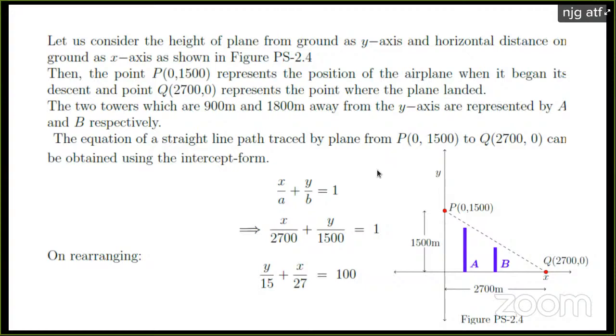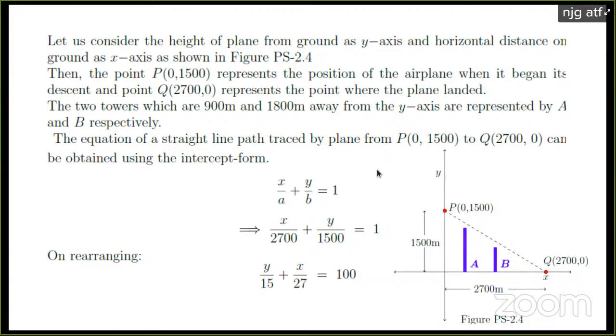So before getting into that maximum height, let's find the equation of that line. We have these points (0, 1500) and (2700, 0), from which we can directly get the x-intercept and y-intercept. So my x-intercept will be 2700 and my y-intercept will be 1500 meters. So my a will be 2700 and my b will be 1500. Just substitute in the intercept form. You will get x/2700 + y/1500 = 1.